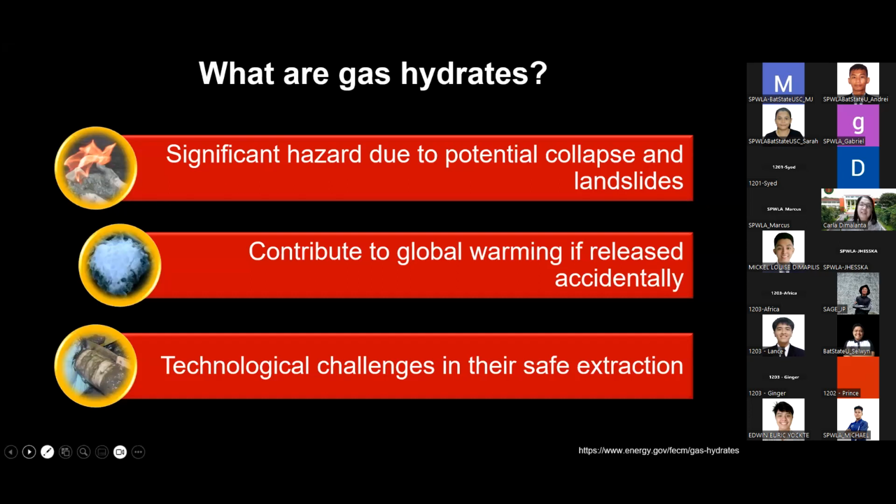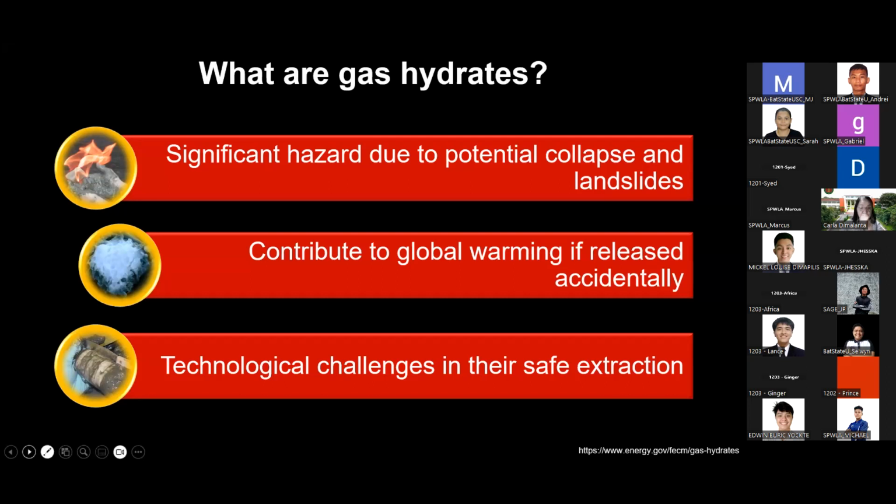And the flip side is, one, if this gas dissociates, so if it becomes unstable at the depths where it is located, for example, especially in water depths of greater than 300 meters, when the gas dissociates from its water lattice or from the water cage, then it may cause slopes in the seafloor to become unstable. And when they become unstable, there is a potential for submarine slopes to collapse. When they collapse, they can trigger landslides, and sometimes these landslides can generate tsunamis.